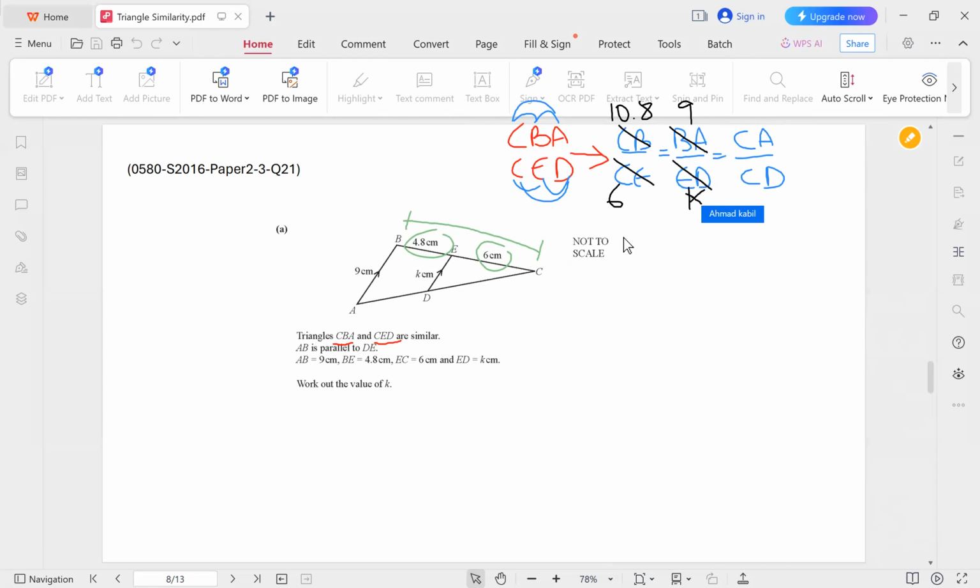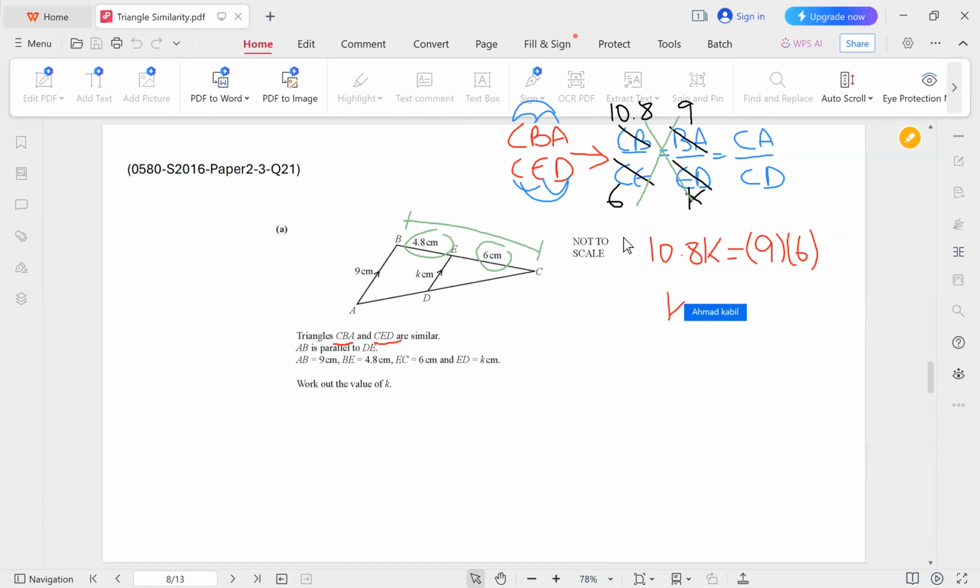CA and CD are not given, and they're not really needed because we already have everything we need to calculate K. So the next step would be just to cross multiply, and we get the following equation. We get 10.8K equals 9 multiplied by 6.